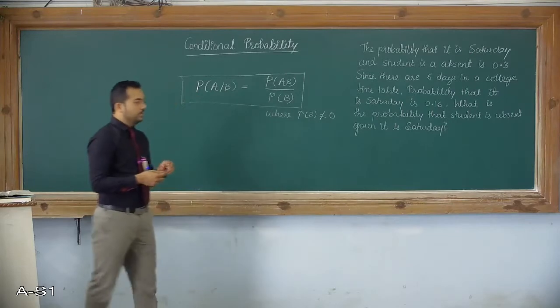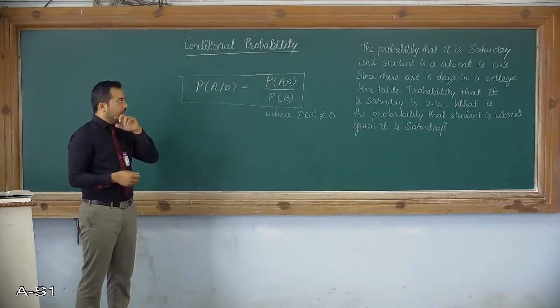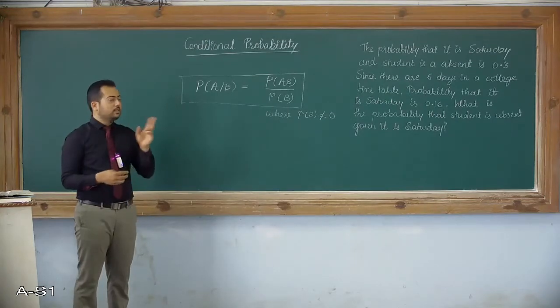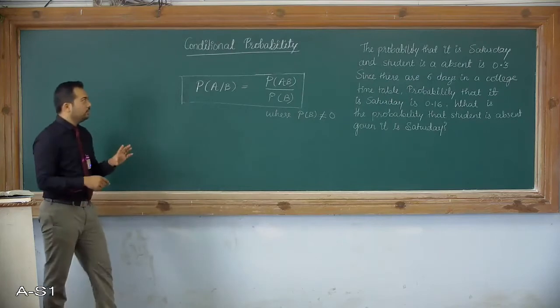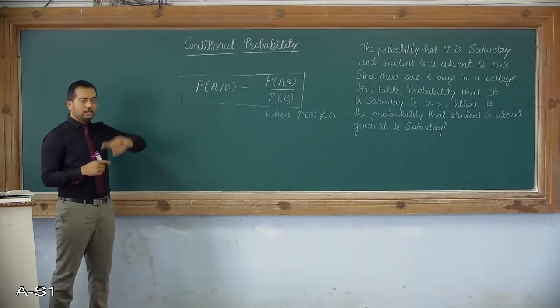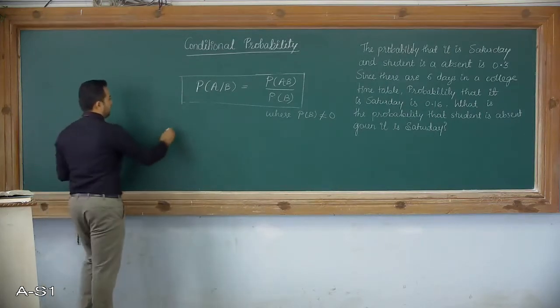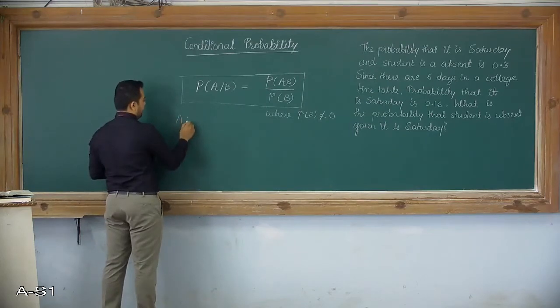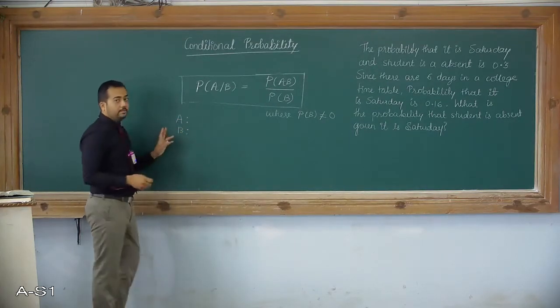Now first we need to write the events. We have only two events in this narration: the given day is Saturday and the student is absent. Which event will be event A and which will be event B?